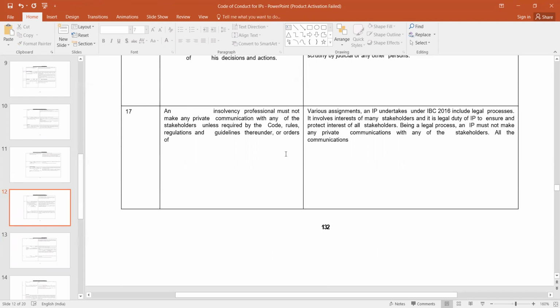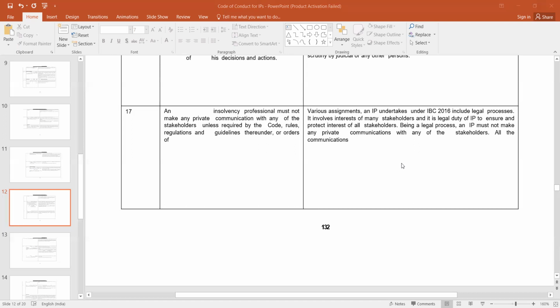It is not that one of the resolution applicants calls you in the evening after office hours and you secretly communicate to him the liquidation value or fair value or any facts which are not available, or that only that particular person is privy to that communication. So all communication should be clear and there should not be any private communication.